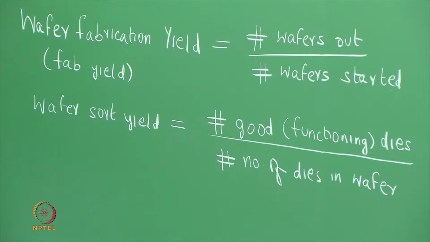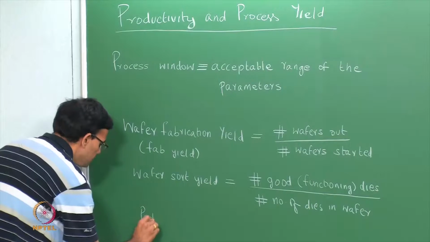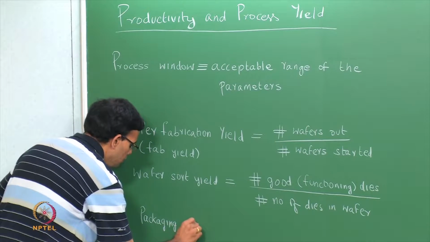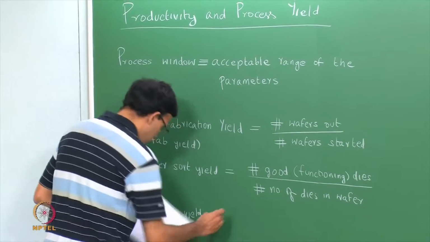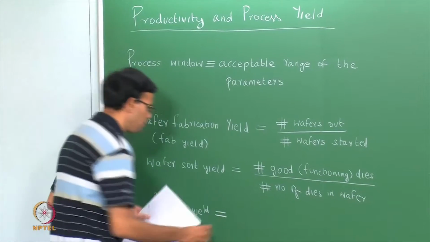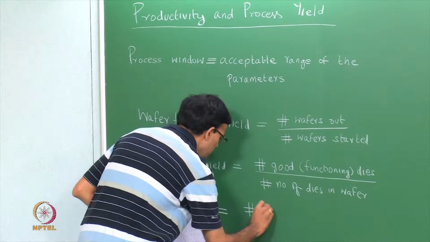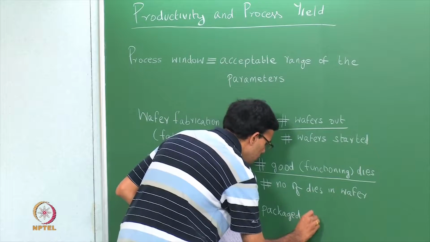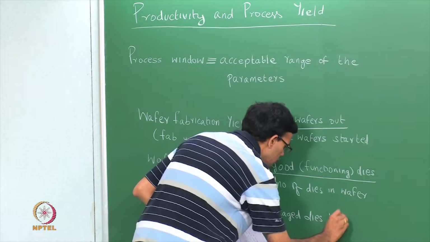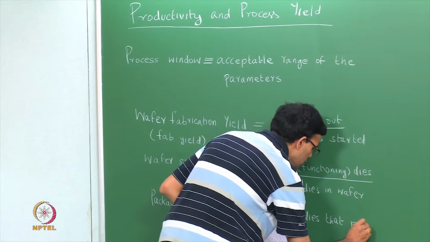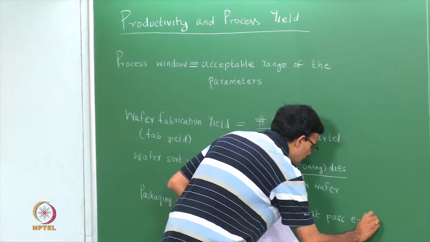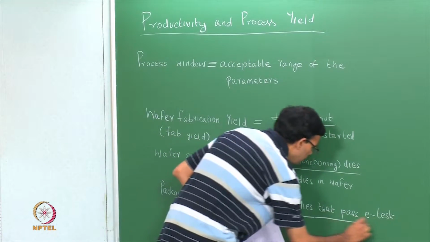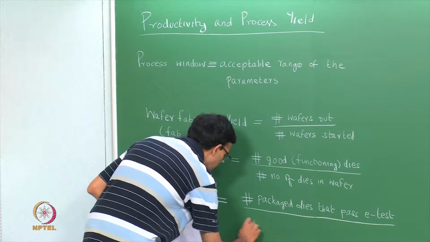And then finally, we have something called a packaging yield, which is the number of packaged dies that pass the electrical test. So, I will just abbreviate it as E test, but E test is nothing but electrical testing, divided by the total number of good dies.